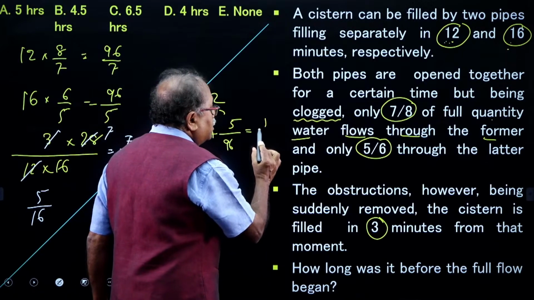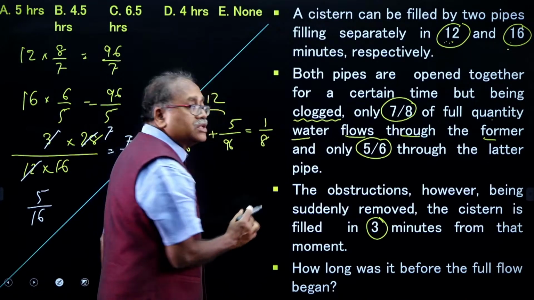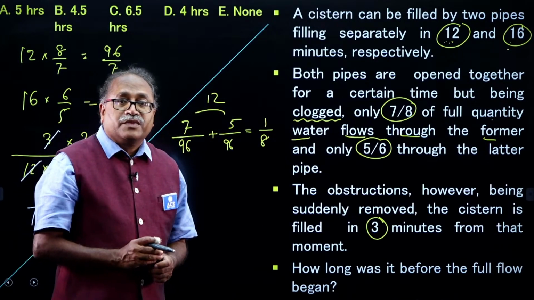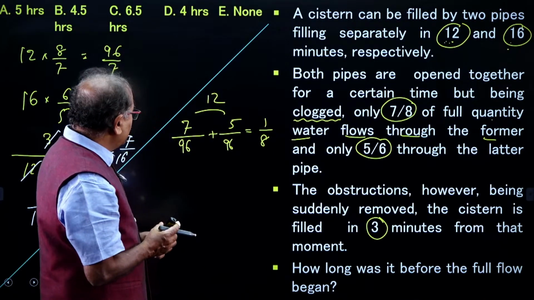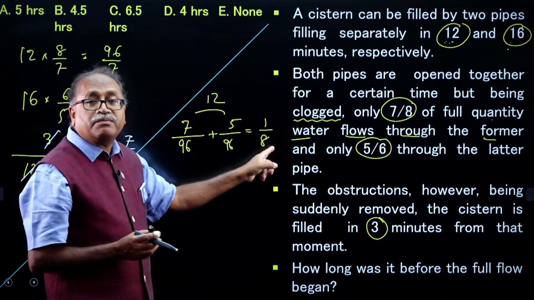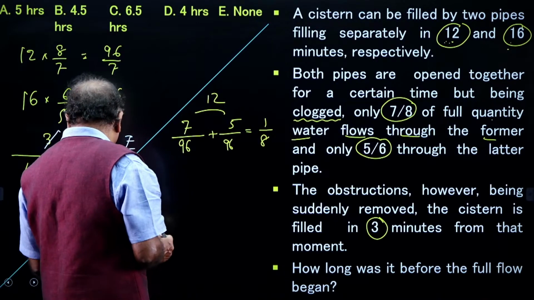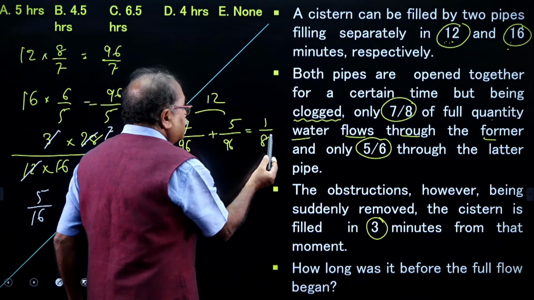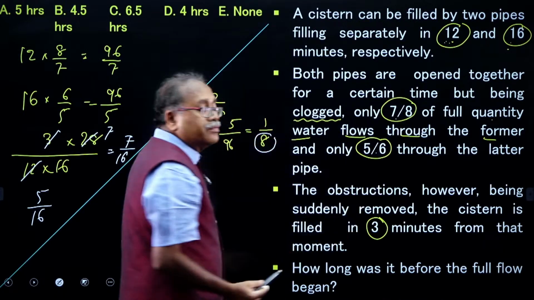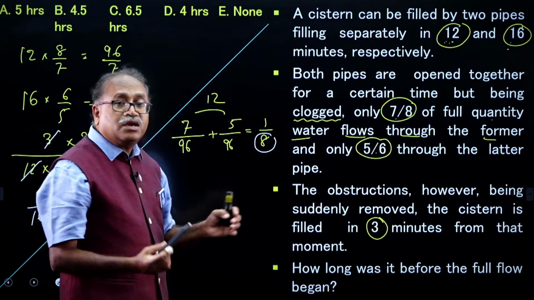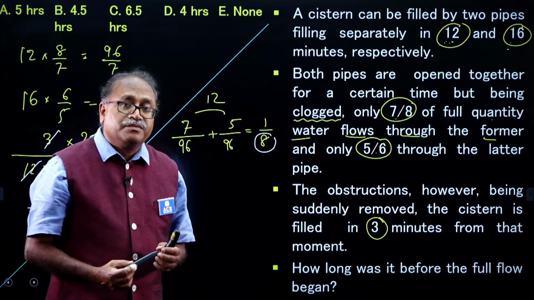So, 1/8 of the tank was filled. 1/8 of the tank was, am I right? No, 1 by 8 means here it is in 8 hours. If they together work with this clog, then it will take 8 hours to fill the tank.